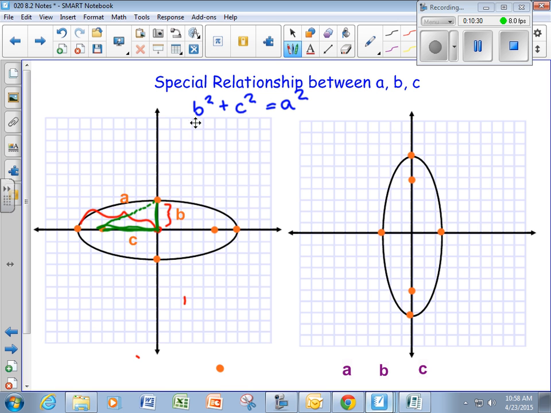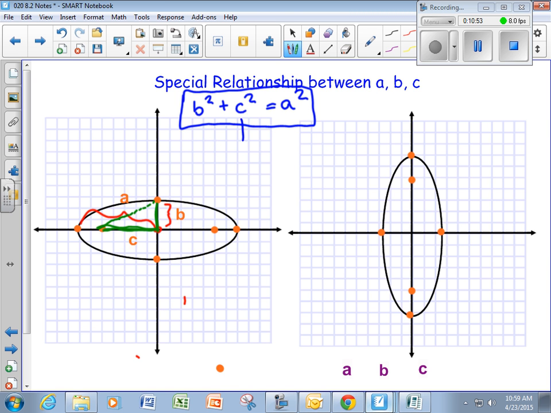So it's really important that you get down this relationship between our a, b, and c lengths, because that is definitely going to help you when graphing. If I ask you to label your focus, you're going to need to know what the c value is. The equation will give you a and b, but you will have to use this relationship to find c.